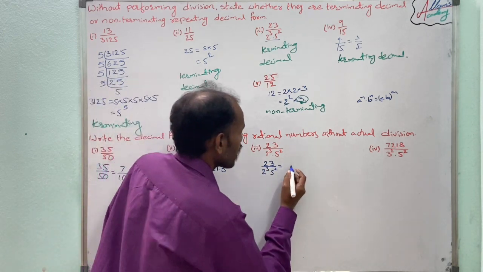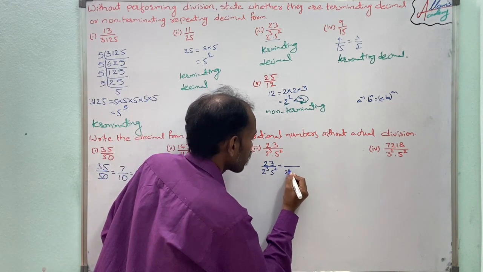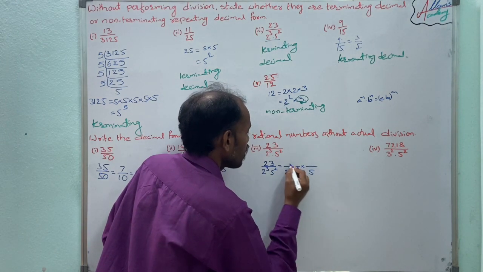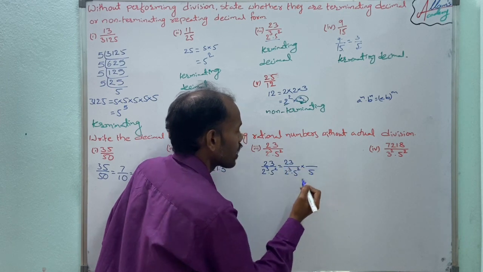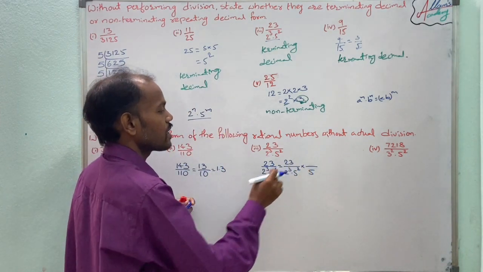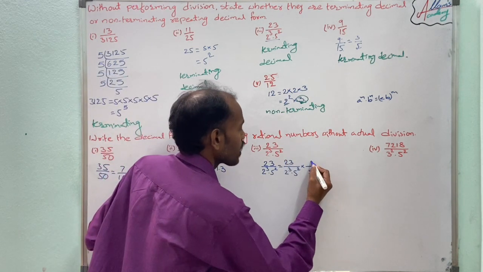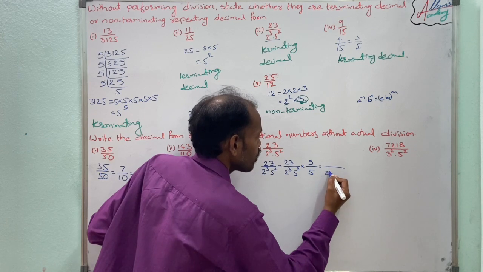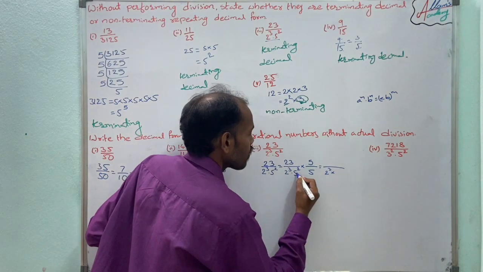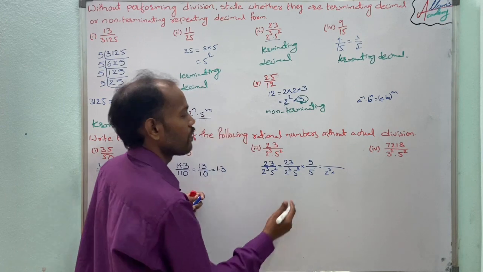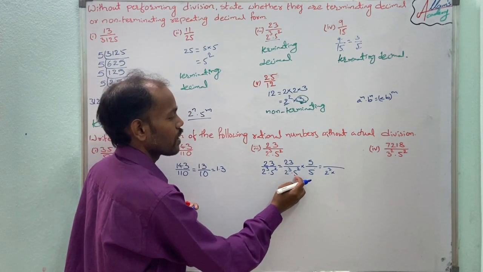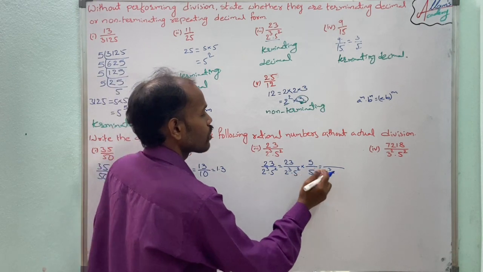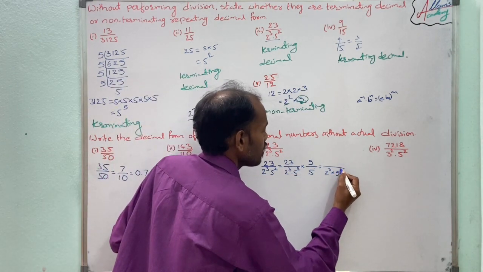So the denominator 2 cube into 5 square is multiplied by 5, and to keep the value unchanged, the numerator is also multiplied by 5. Then the denominator is 2 cube into 5 square into 5 power 1. By the exponent law, a power m into a power n equals a power m plus n, so 2 plus 1 is 3.